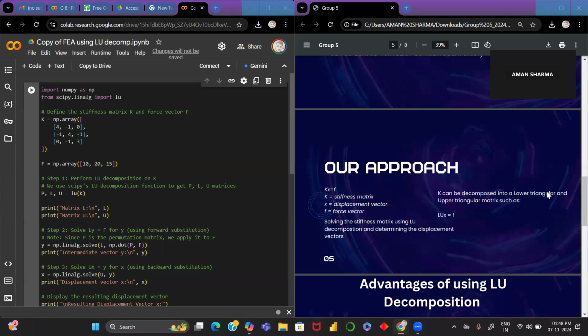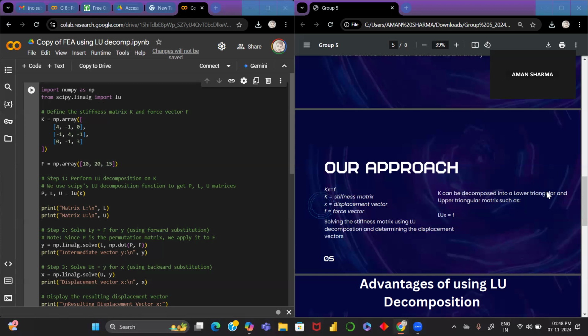Then we decompose this stiffness matrix K into L, U and P by the LU function: P, L, U = lu(K).